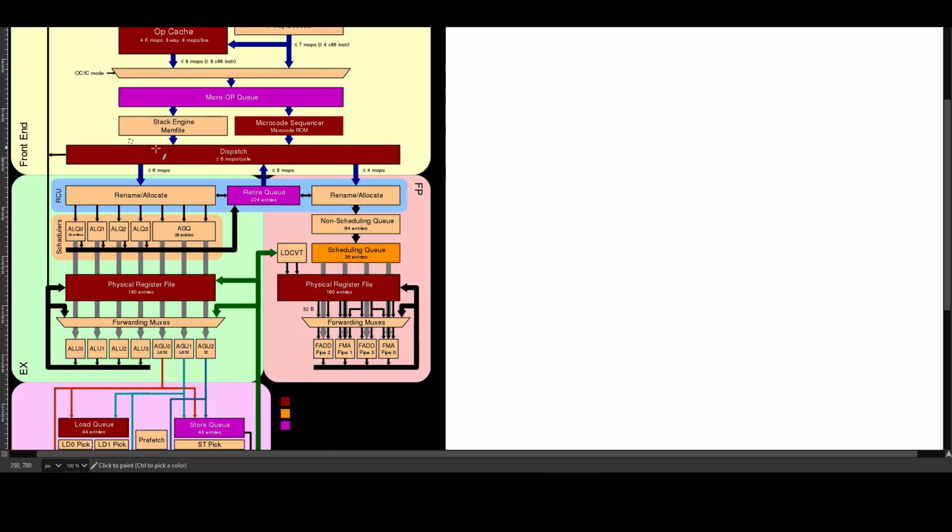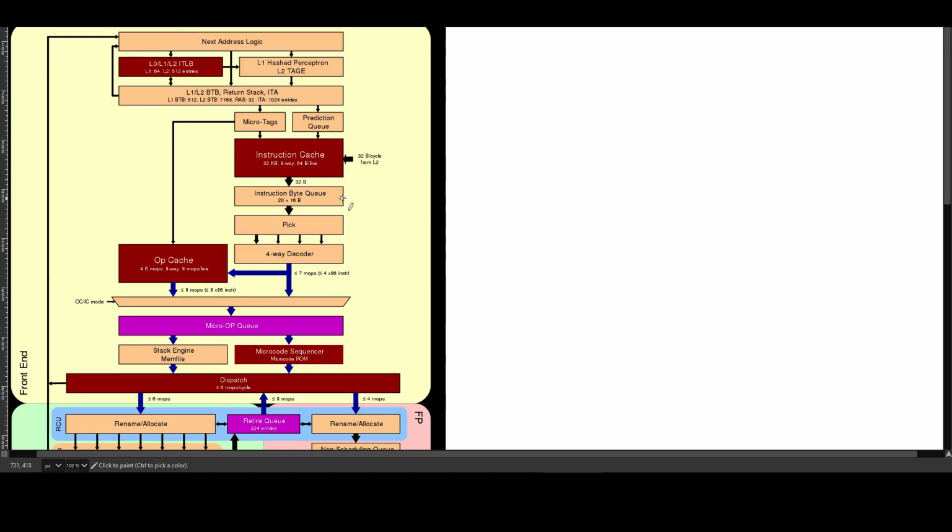The reason this is the case is because of the way these out of order processors work: we read our instructions into the instruction queue. In the instruction queue, we can pick the instructions that we are going to execute in the next cycle.